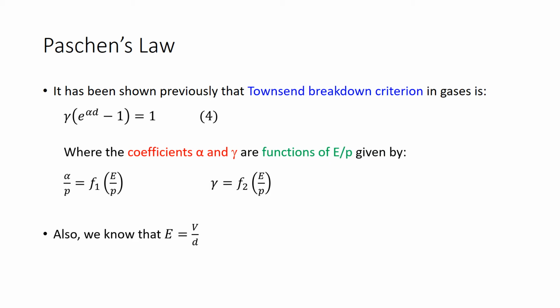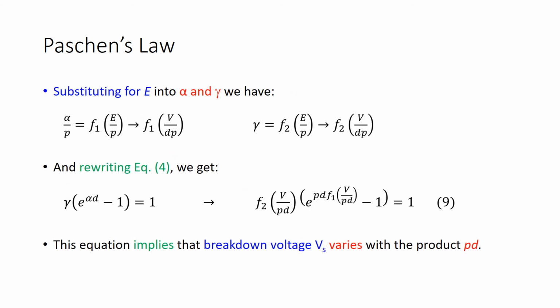And we also know that E equals V over d. So if we substitute for E into alpha and gamma, we would have alpha over rho equals F1 of V over d rho, and gamma equals F2 of V over d rho.